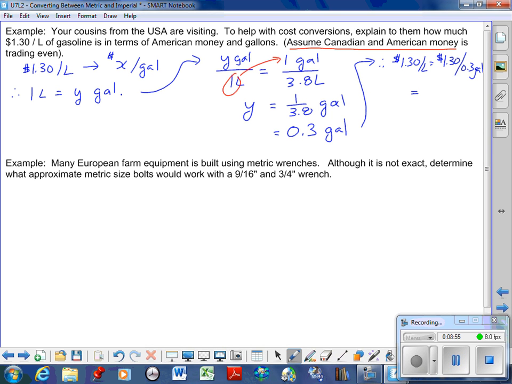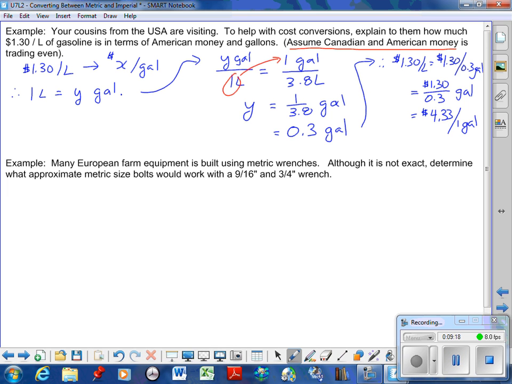So what we're actually going to do is that division, because as a ratio we want it as 1. We're going to do 1.3 divided by 0.3, which gives us 4.33 per, and I'll put the 1 in there, per 1 gallon.